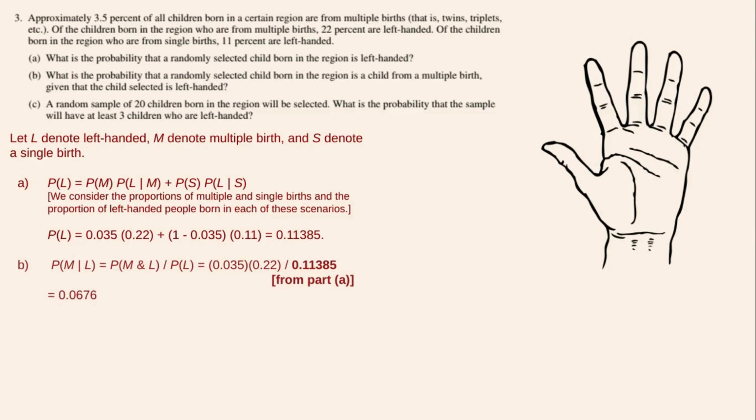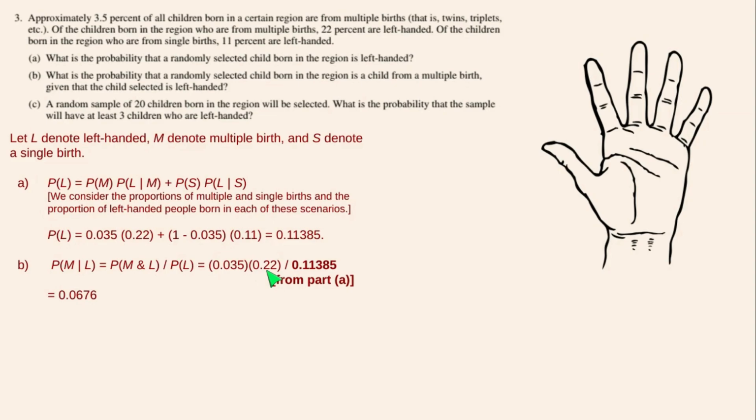The probability of multiple birth given left-handed is equal to the probability of both divided by the probability of being left-handed. This is straight off of the formula sheet that you will have on the AP test. The probability of being both in a multiple birth and left-handed is 0.035 times 0.22.